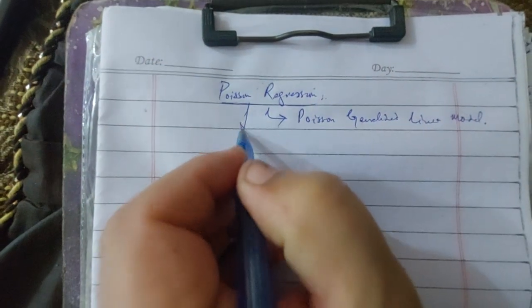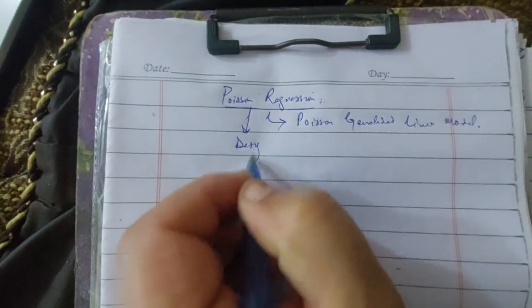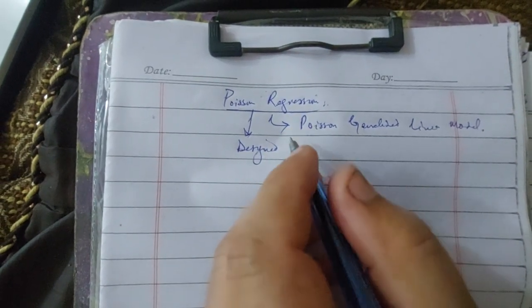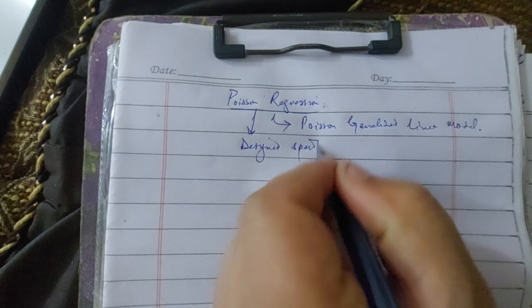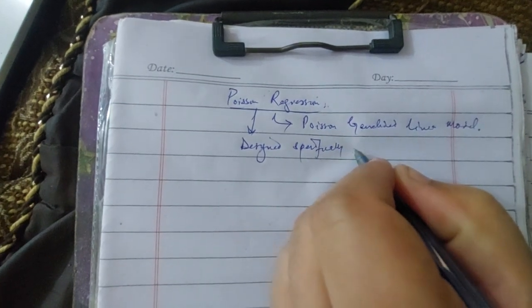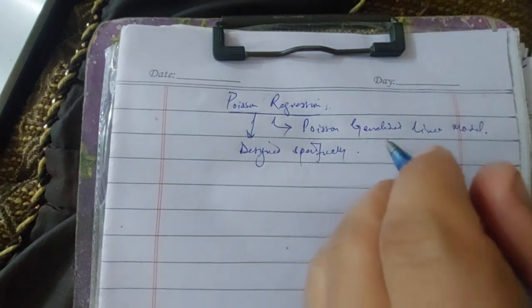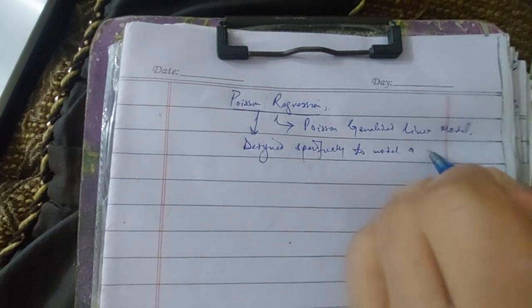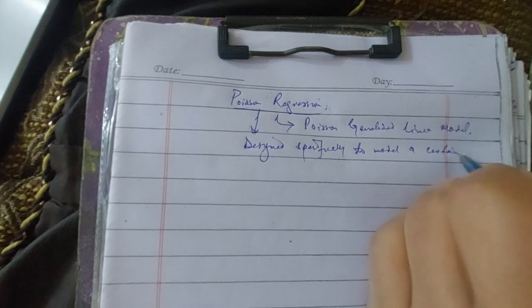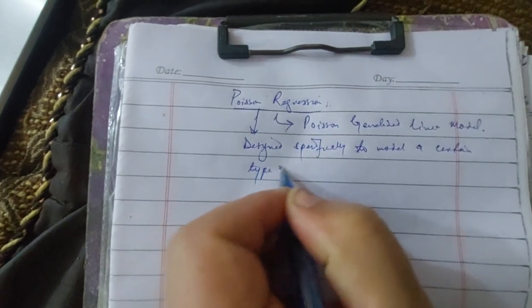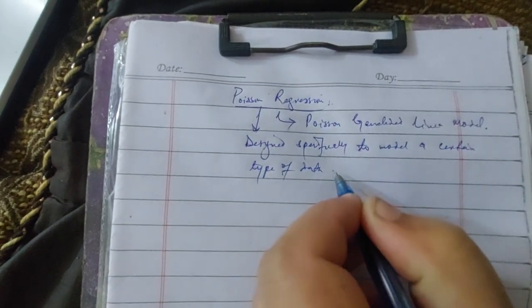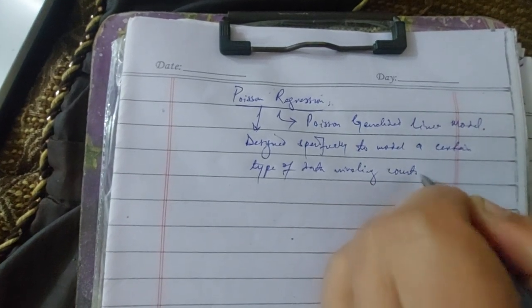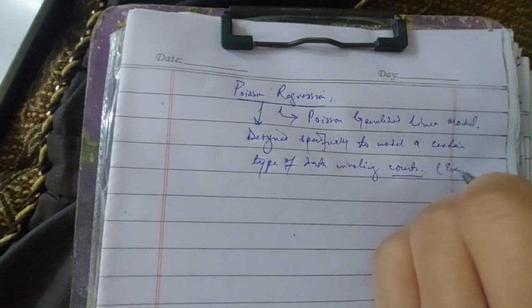So what does this regression actually do? It is designed specifically to model a certain type of data involving counts, like events happening.